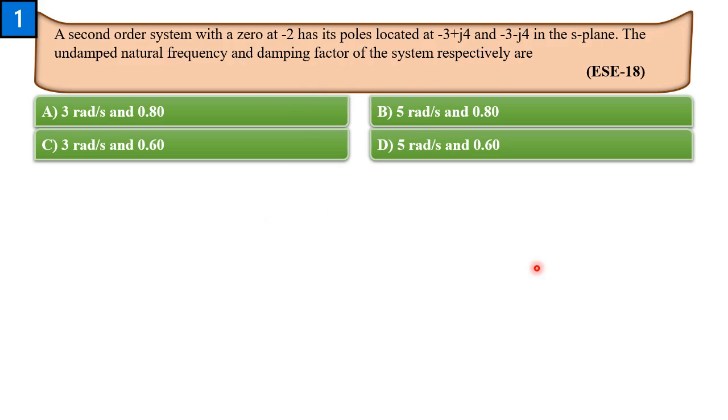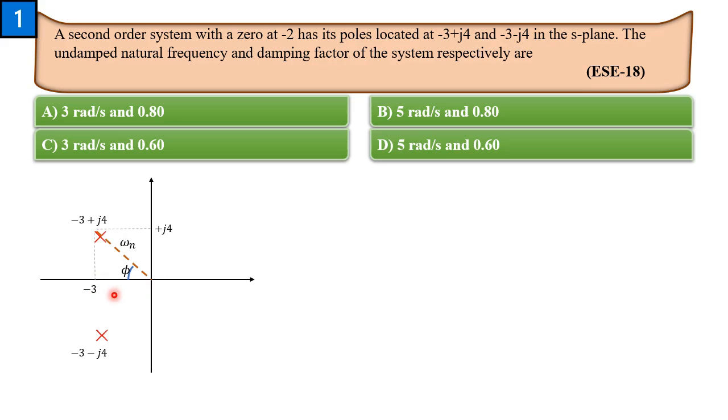Now, as we saw earlier, how do we represent the poles of a second order system? Let's draw a diagram over here to show how these poles are represented. Zero, we don't consider zero for calculating omega n and zeta, so poles will be considered only.